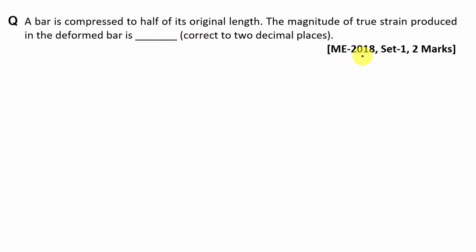Next question from year 2018, paper set 1 is a bar is compressed to half of its original length. The magnitude of true strain produced in the deformed bar is blank. We have discussed this same question in previous video, but there it said value instead of magnitude, right?